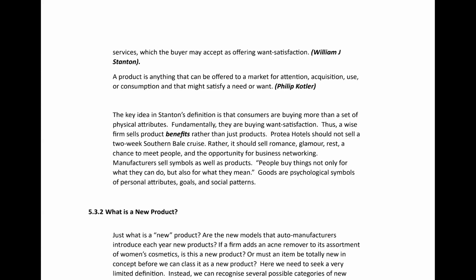So when we say a product, we do not necessarily refer to goods only, but we also include services, both tangible and intangible. As long as that thing can be offered to a market for attention, acquisition, use, or consumption, and it might satisfy a need or a want, that is a product. This is according to Philip Kotler.